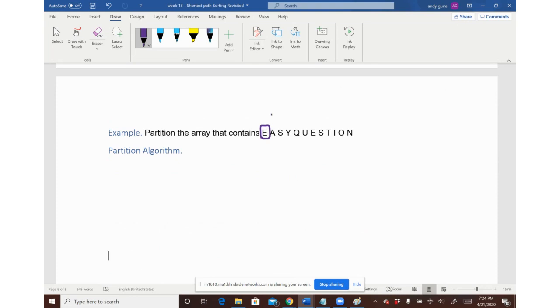So the algorithm works like this. We have low and high. The low is moving to the right and the high is moving to the left. This is called the pivot.